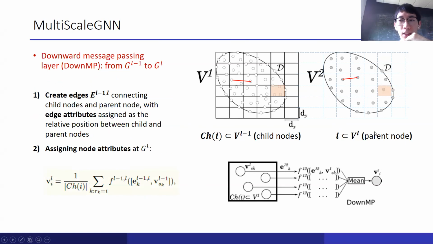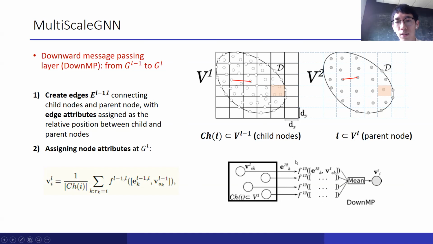Okay, so now we have the parent nodes created from the child nodes, and we create edges connecting the child nodes and the parent nodes, with the edge attributes assigned as the relative position between the child and the parent nodes. So we create these edges.